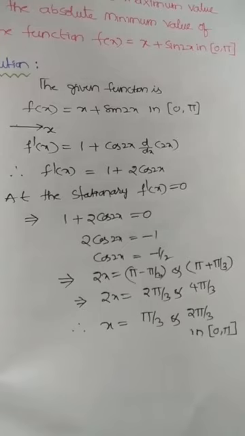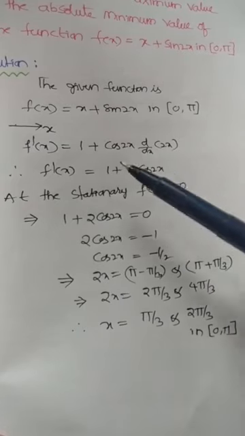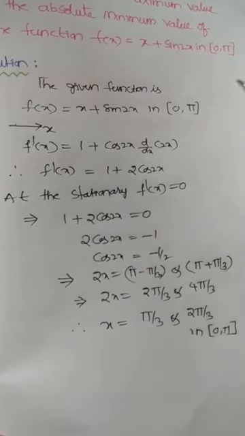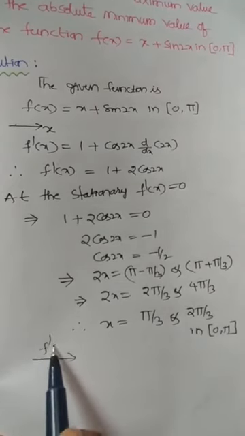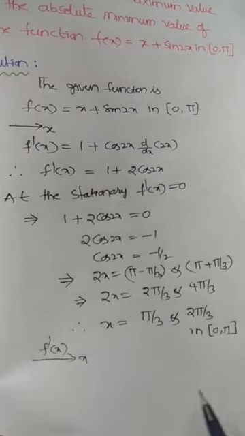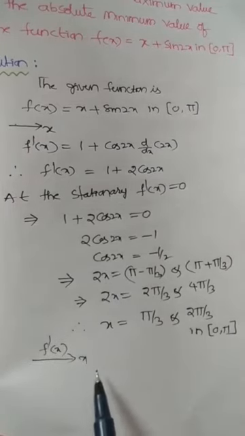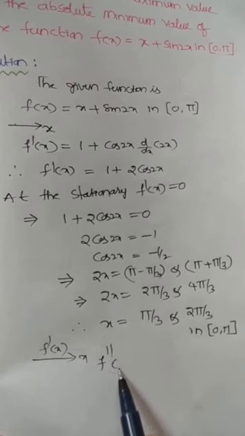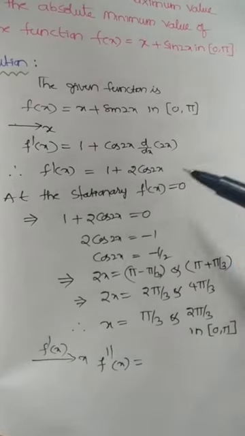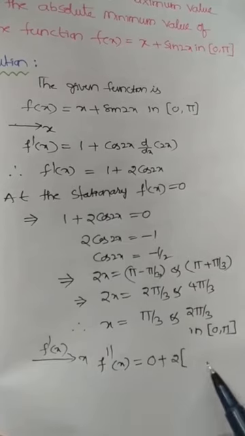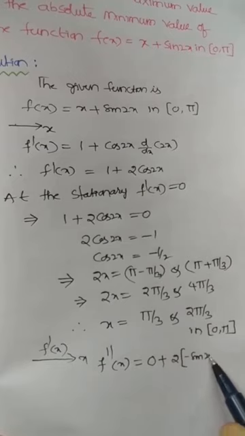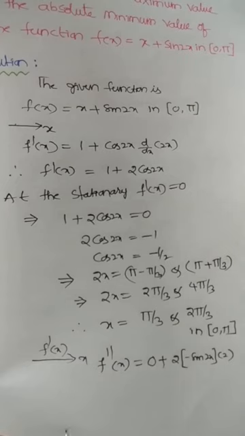Now we have to find the second derivative of the function. For that we differentiate this f dash of x with respect to x. So f double dash of x is equal to: derivative of 1 is 0, plus 2 into derivative of cos 2x, which is minus sine 2x, and again you differentiate the 2x term, so you get one more 2 here.